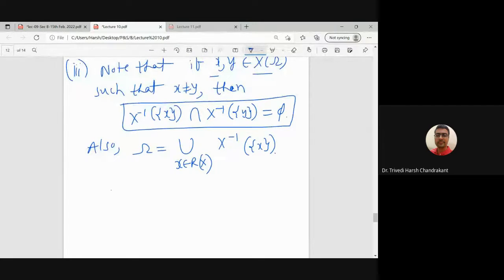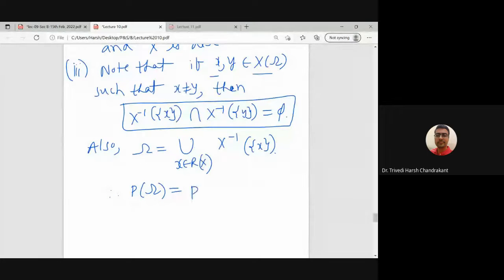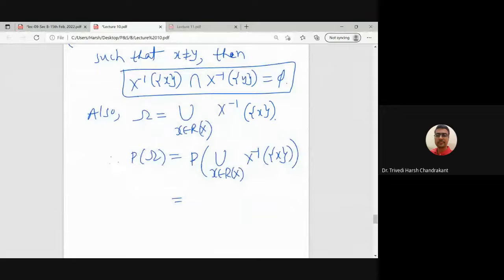So if you have a union of disjoint sets, then we can use the fact that the probability function is countably additive. Using this disjoint rule of the probability function, that will give us the summation of the probability of X inverse of the singleton x, right?